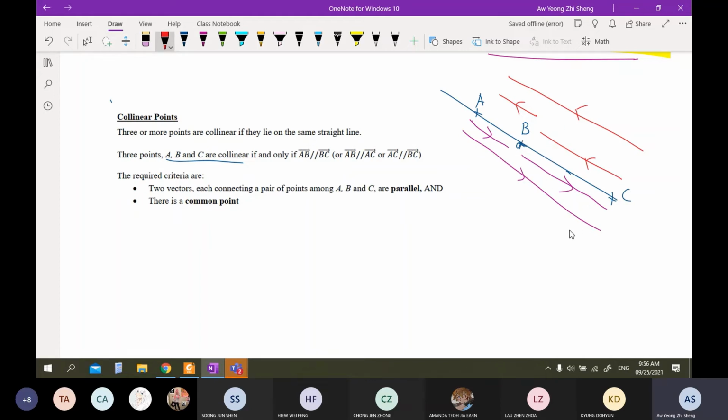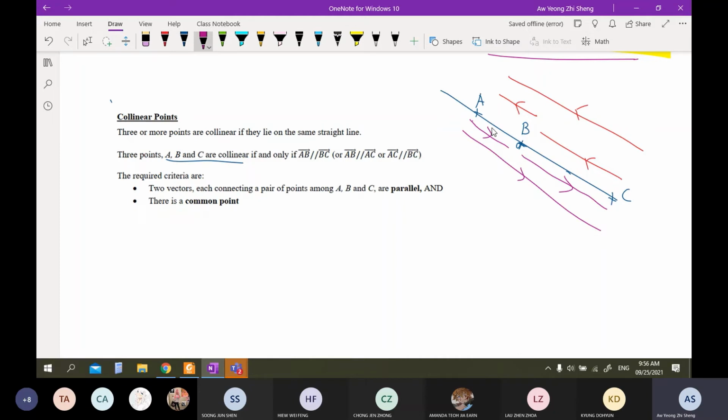Regardless of what vectors you form, as long as you take 2 out of the 3 collinear points, all the vectors that you form will be parallel. So all the 6 vectors that I draw on my diagram, the purple and the red ones, are all parallel to one another.